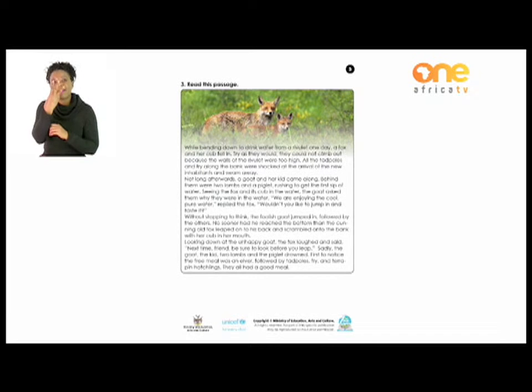Activity 3, it says, read this passage. And obviously, at the end of the passage, there are some questions to be answered.